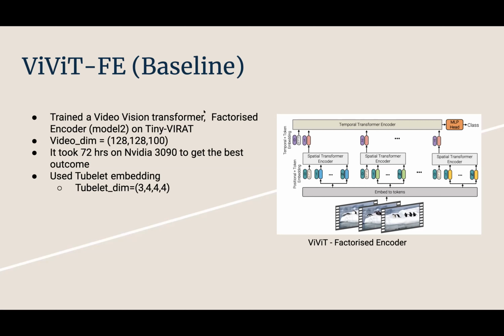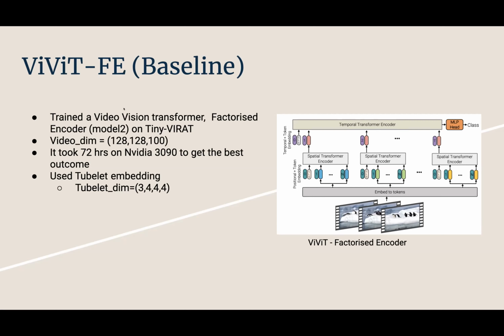Okay. So for the baseline, we created a ViViT architecture specifically for this task on low resolution data. We want to see whether we have an architecture that will improve actual classification of the low resolution data with a low amount of data.